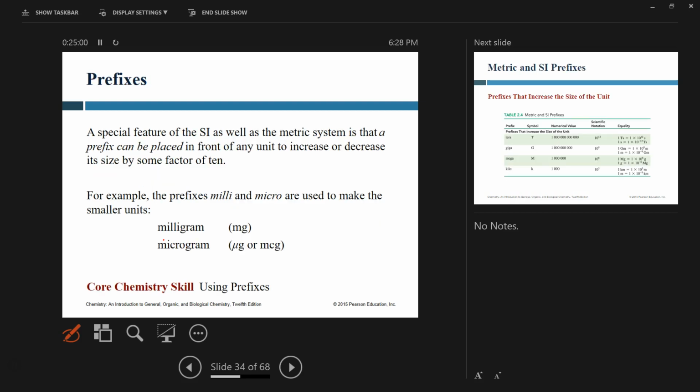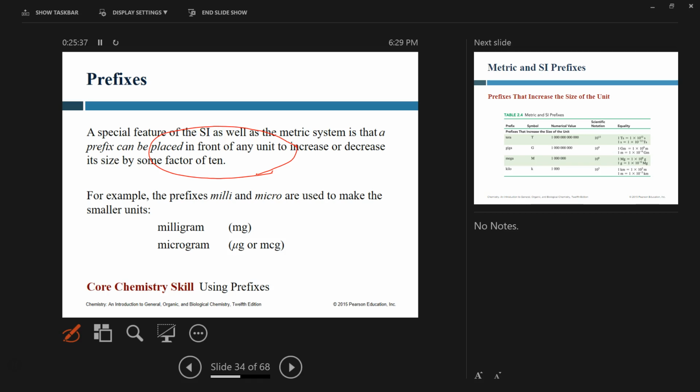So in the international system of metric units, you can put a prefix in front of a unit to make it larger or smaller, and increase and decrease will always come as a factor of 10. You can increase it by 10, 100, 1,000, decrease it by 10, 100, 1,000.